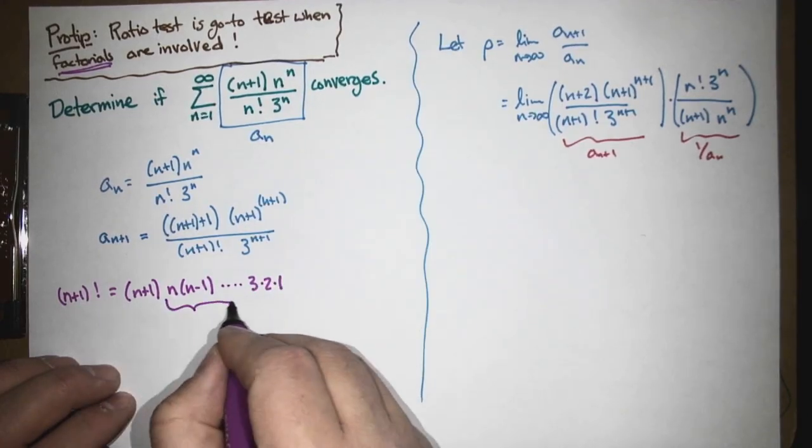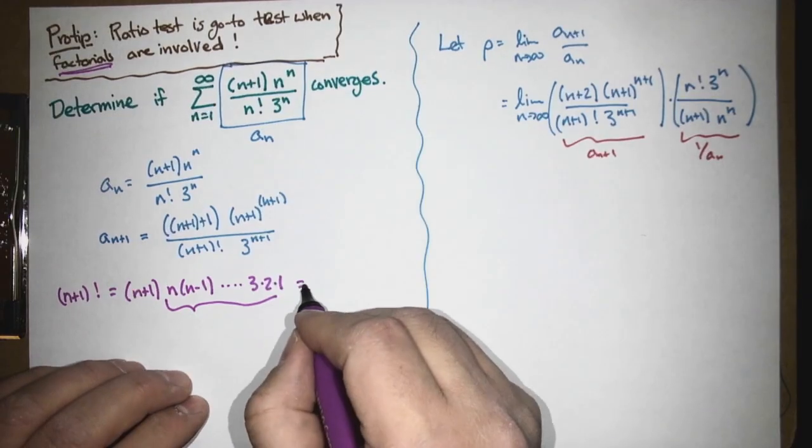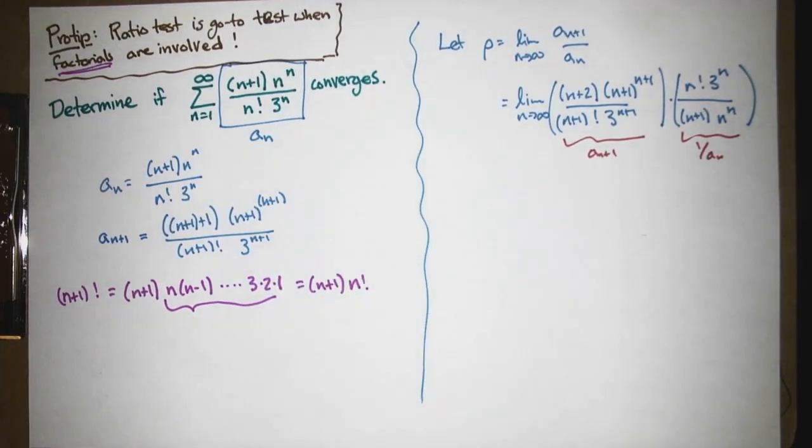But what do you see there? It's n factorial. So when you have a factorial, one thing you can do is pull off the first term. In fact, you can pull off a couple of terms if you want, and then what's left is the factorial. So that's why the ratio test works very well.